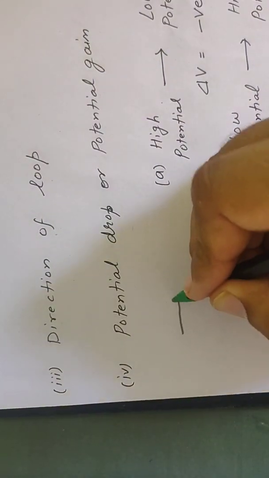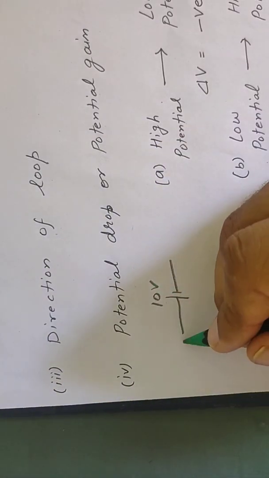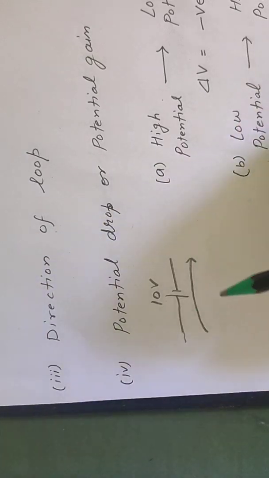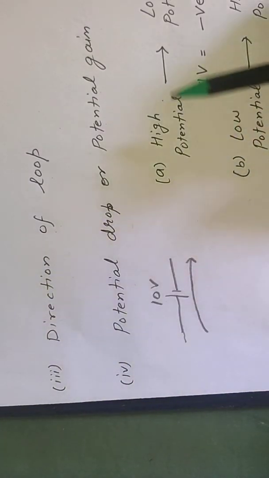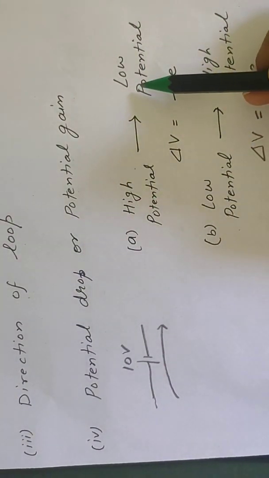Here we have a cell and its voltage is 10 volt. If we are moving in this direction, then we are going from high potential to low potential.